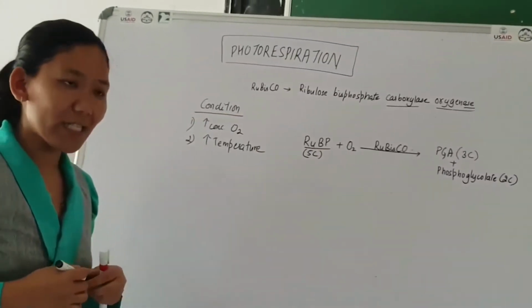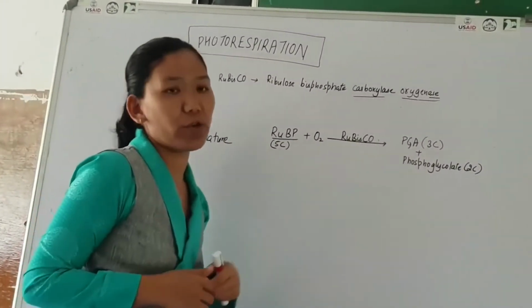And you know that to enter into the Calvin cycle, you need PGA, the 3-carbon compound.